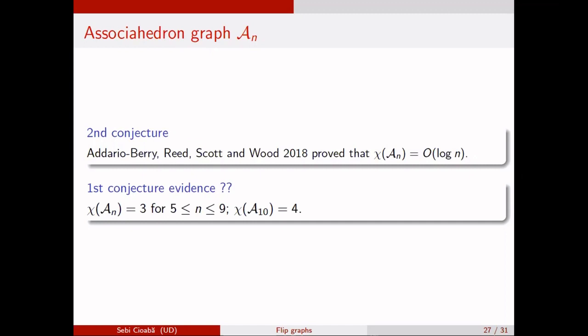So for A10, the vertices are the triangulations of a 10-gon, and the Catalan number is 1,430. And when you move next, you get 4,862 vertices. So these Catalan numbers grow roughly in steps of a multiplicative factor of 4.